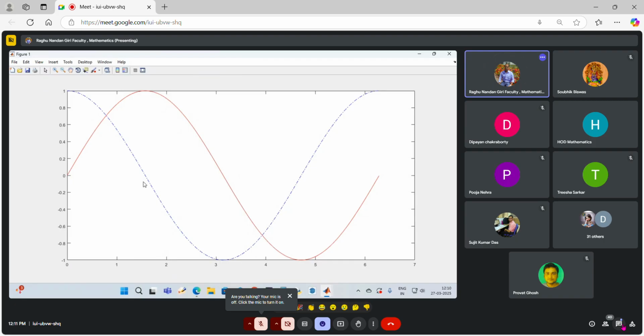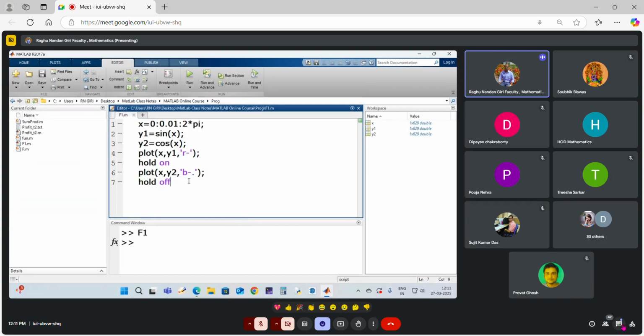So for proper formatting, we have to add other things, that is xlabel. Yesterday also I got a question from your side, how to give the name of special symbols like theta, alpha, beta. So today I cover this.